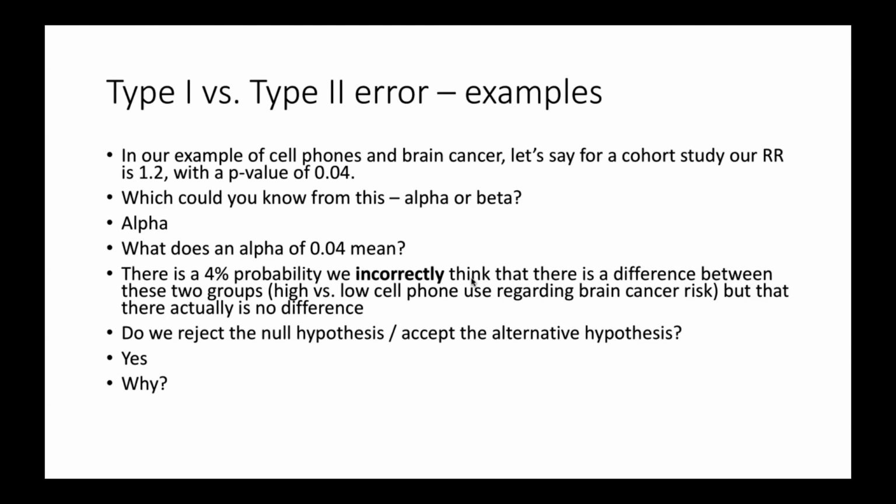Because I have an alpha error, which means I reject the null hypothesis as wrong and accept the alternative hypothesis as true. And this is due to random chance. My error is related to random chance.